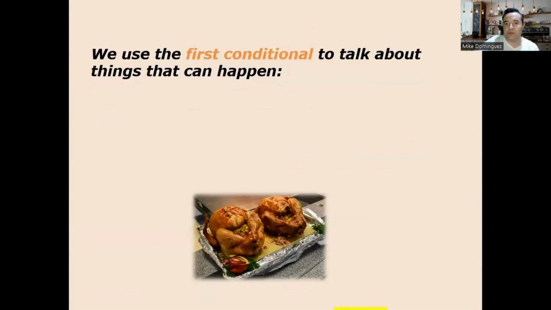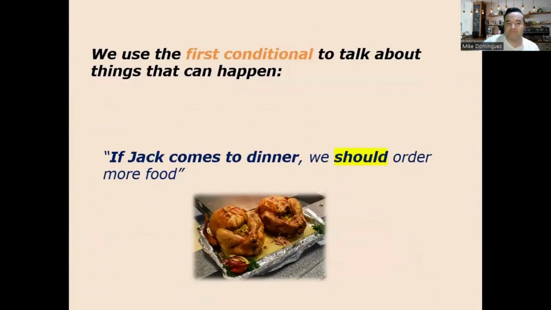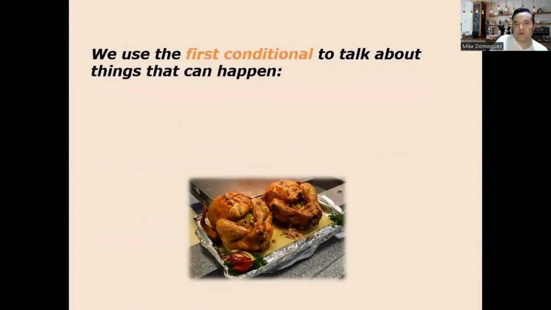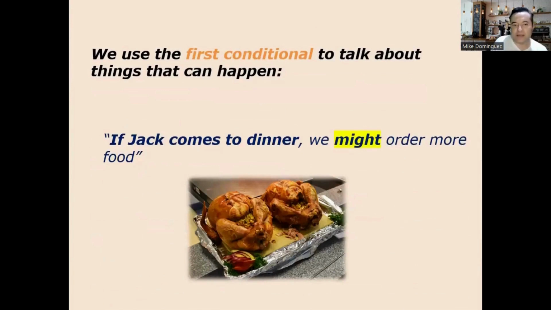Example. Can you read again, please, Melly? The example: If Jack comes to dinner, we should order more food. Very good, excellent. Or you can say another one, please, Melly.